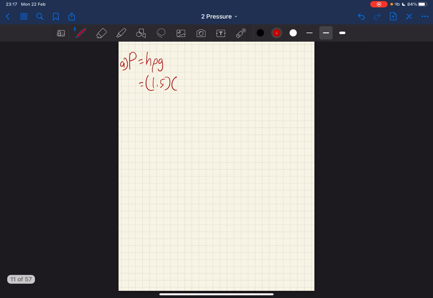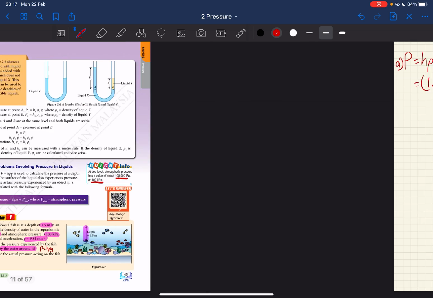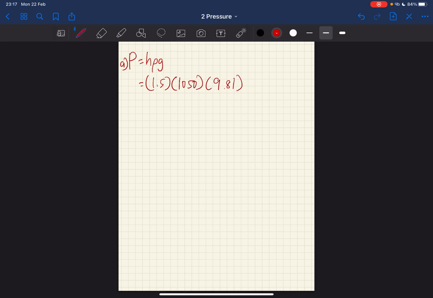Density is given by 1050, multiplied by gravitational acceleration 9.81. By multiplying all this, you get the pressure acting on the fish by the liquid. So it's time to press your calculator. You get the pressure exerted by the liquid is 15450.75 Pascal.